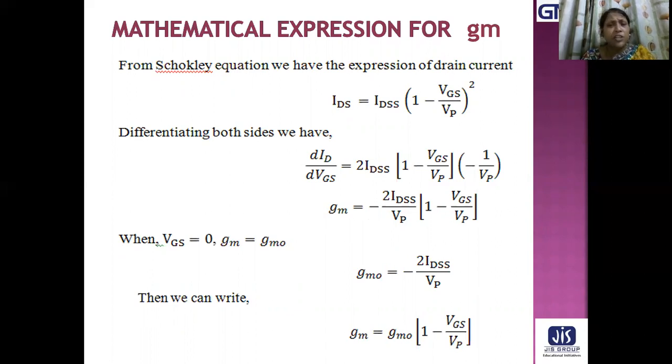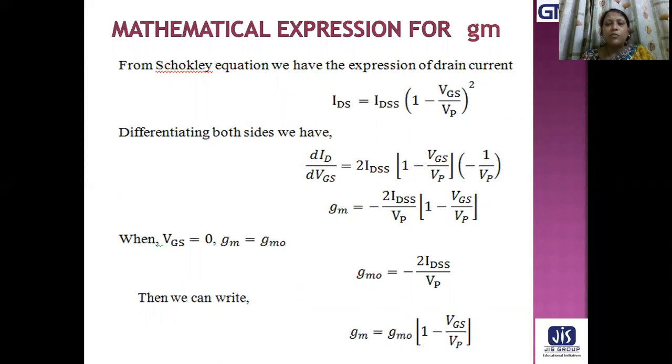If we differentiate it on both sides with respect to VGS, we have del ID by del VGS equals 2 IDSS into 1 minus VGS by VP into minus 1 by VP. So del ID by del VGS, that is gm.